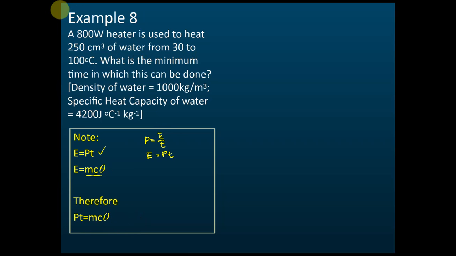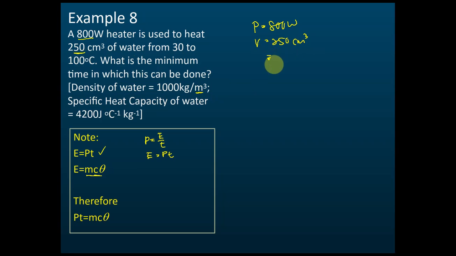So in this question, the power is equal to 800 watt, and the volume of the water, V, equals 250 cm cubed. The density is given in meter cubed, so we better change this to meter cubed. 250 cm cubed is equal to how many meter cubed?